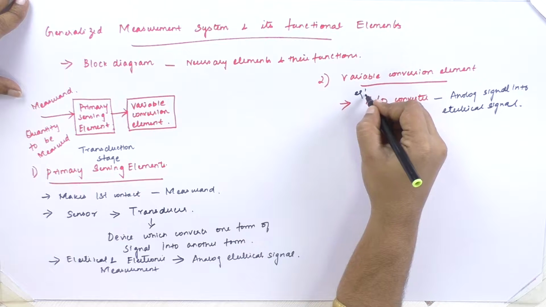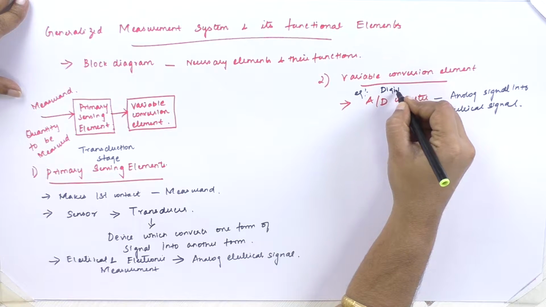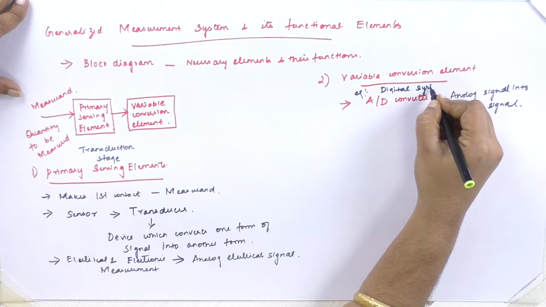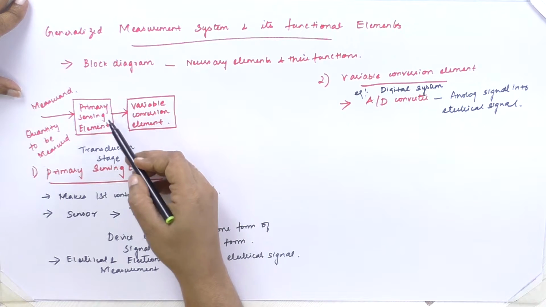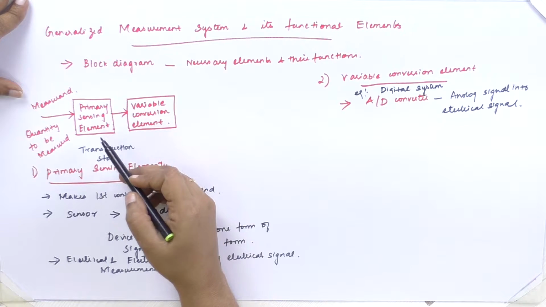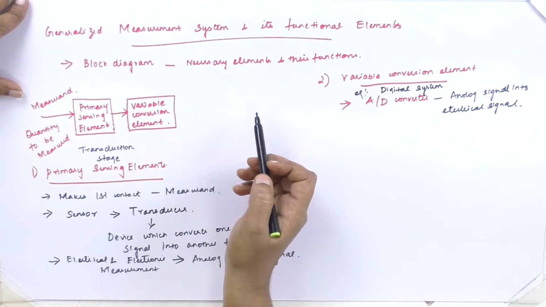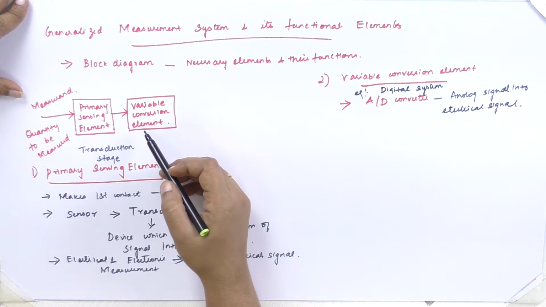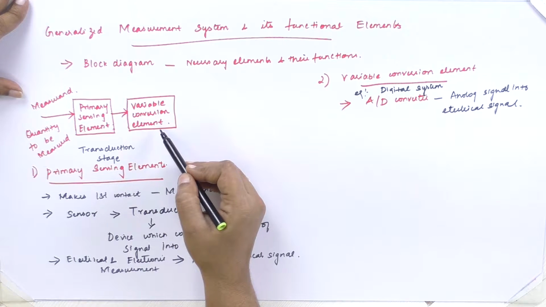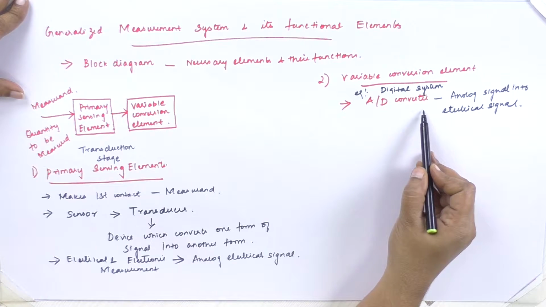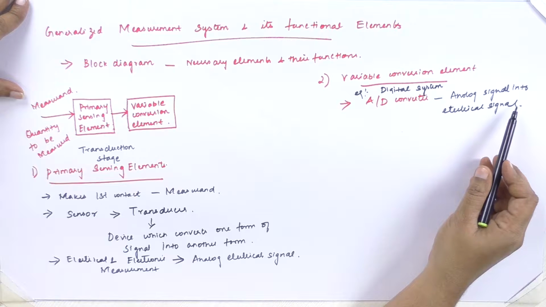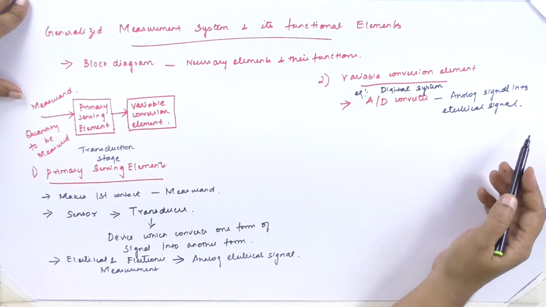For example, in a digital system, if the output of the primary sensing element is an analog signal, we have to convert it into a digital signal in order to present the output of the data. For that purpose, we need this variable conversion element, which uses an A to D converter.